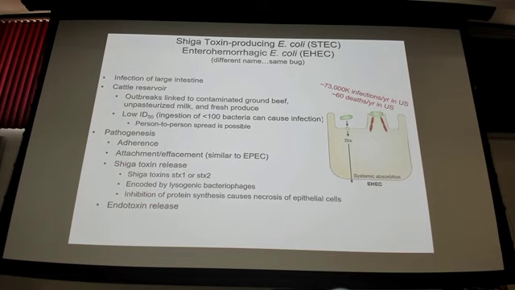Shigatoxin actually causes necrosis, so it's worse. Yeah. So the pathology is twofold. You have actual pathology caused by the same sort of attachment and effacement that we saw with other pathotypes.